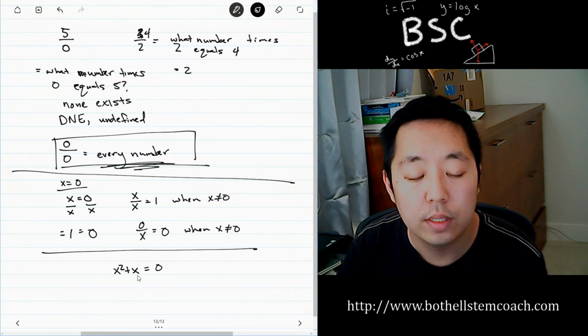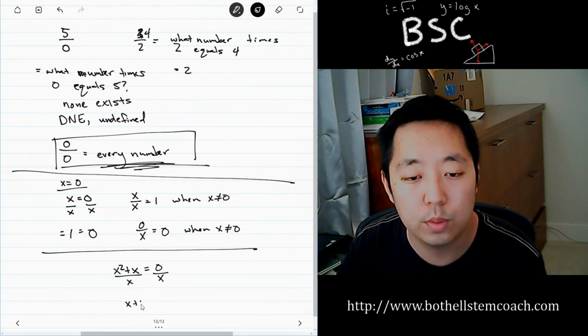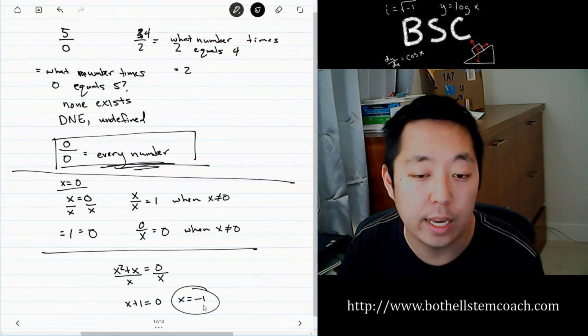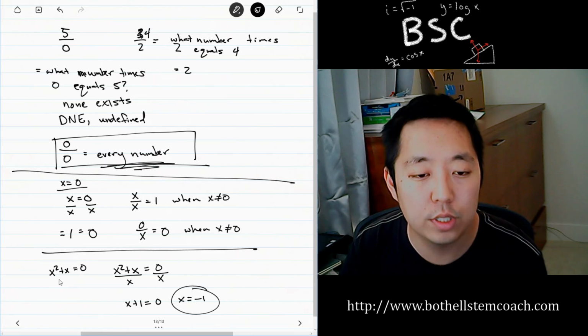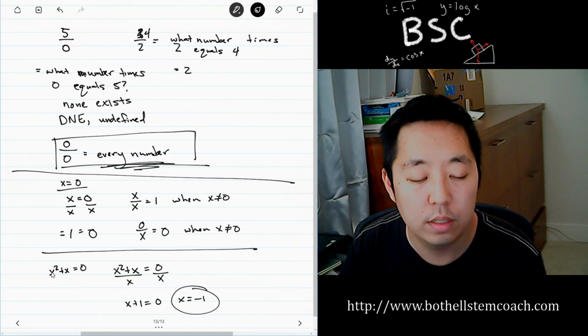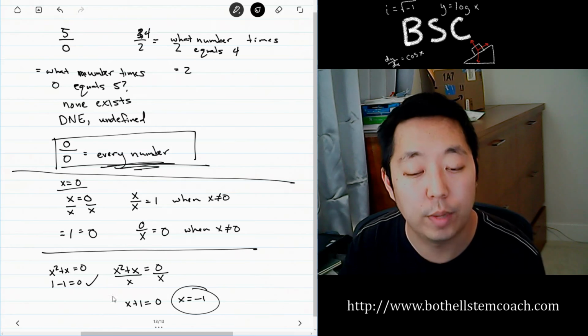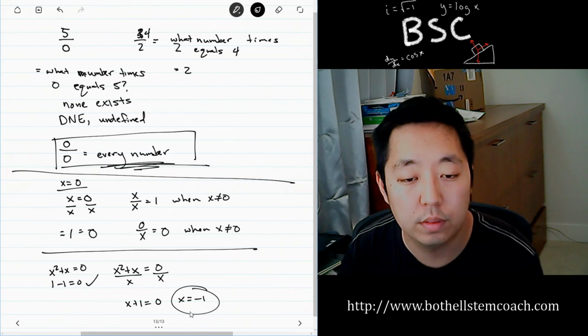Someone says, well, I divide both sides by x, and I get x plus 1 equals 0, so x equals -1. And I can check this, because from my original equation, -1 squared is 1, plus -1, that equals 0. So that checks out, right? So my answer is, oh, x must be -1.